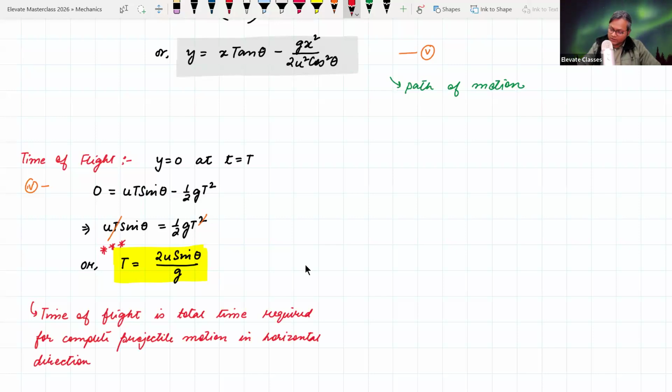Similarly, I can also calculate other quantities like the range in the horizontal direction.